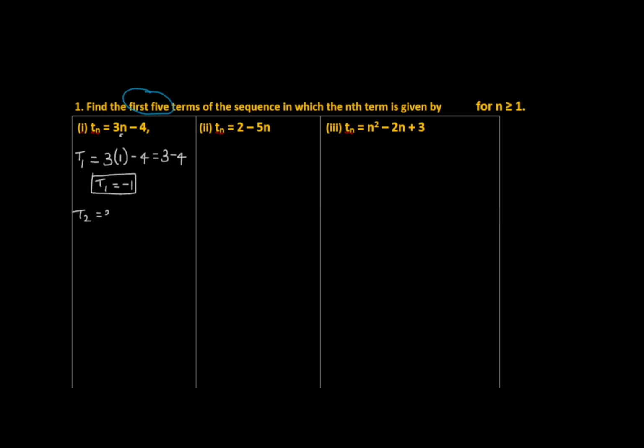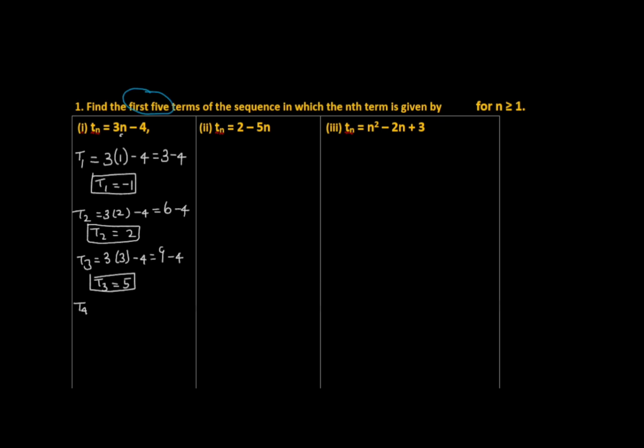In n's place, we need to replace 2. 3 into 2 minus 4, so 6 minus 4, 2. T2 is 2. Then T3. 3 into 3 minus 4, 9 minus 4. So third term is 5. T3 is 5.